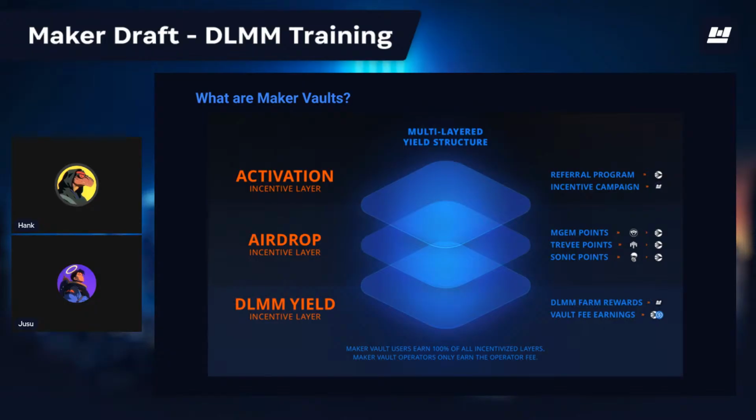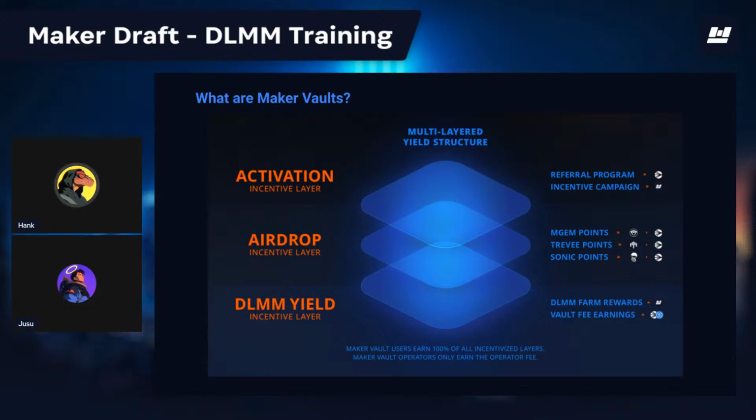And then we have a last layer, and this is in its final phase to launch. We call it the activation layer. And this really is an incentive layer specifically for the vaults.